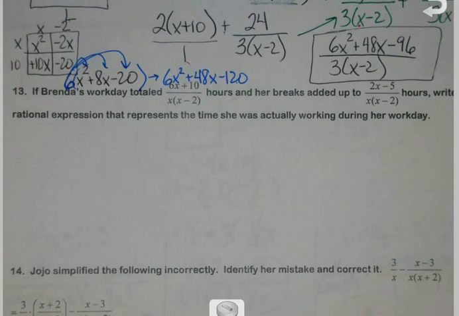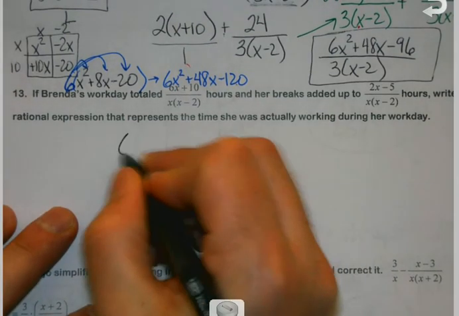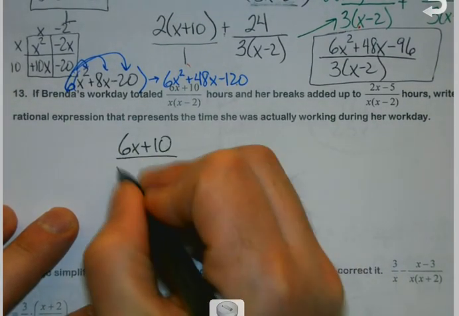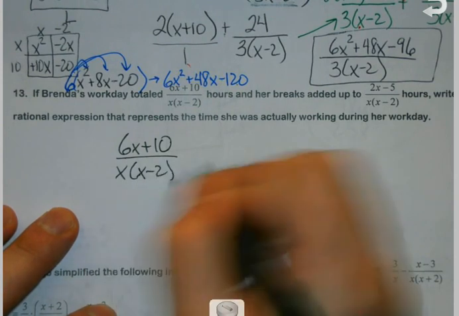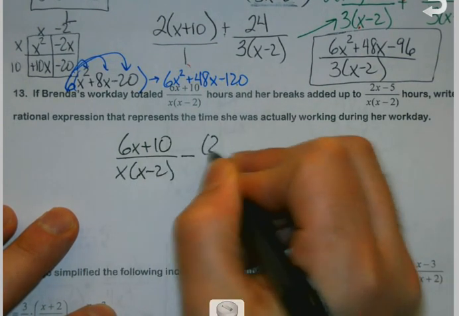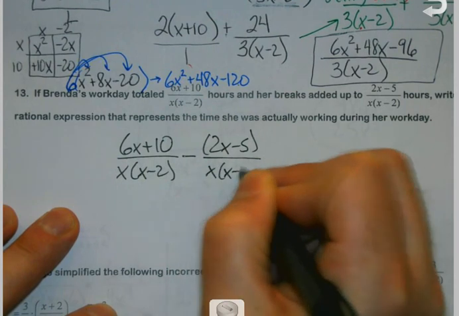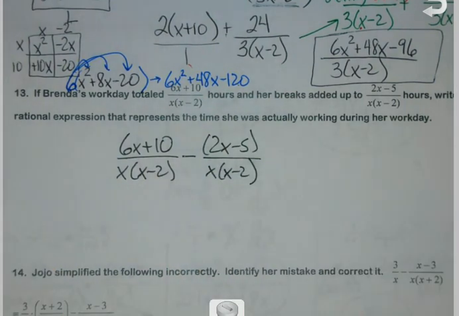Okay, when you take a break, is that adding to your work time or subtracting from the time you're working? Subtracting. So all you're doing, okay? Because let's look at this. One expression, there's going to be nothing complex to this. Notice, I already have a common denominator.